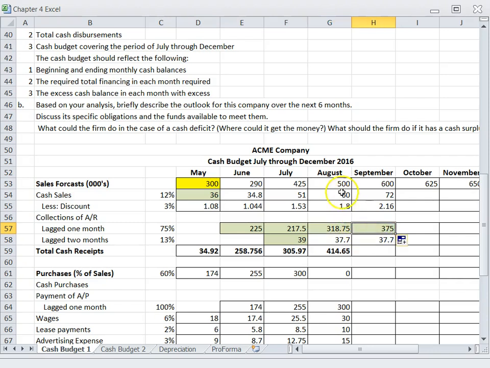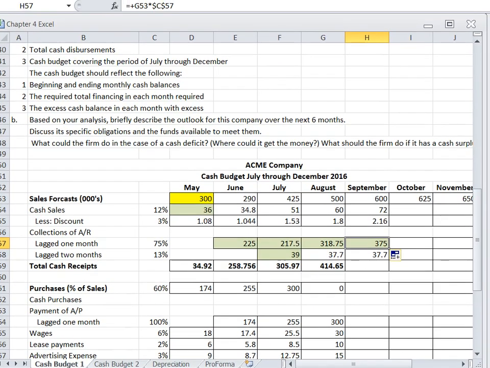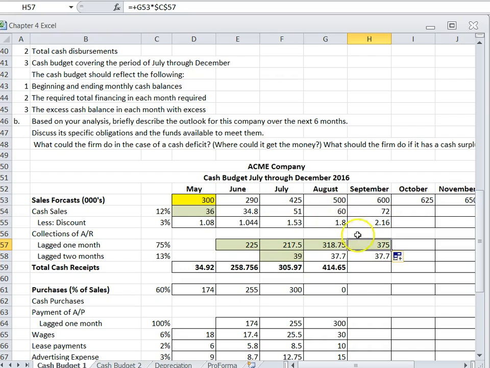So basically here, I'm taking the 500,000 and I am multiplying, you see, let me just shift this up so you can see the formula in the cell. Okay, this is the formula in the cell. So here, it's G53 times C57, so 75%.